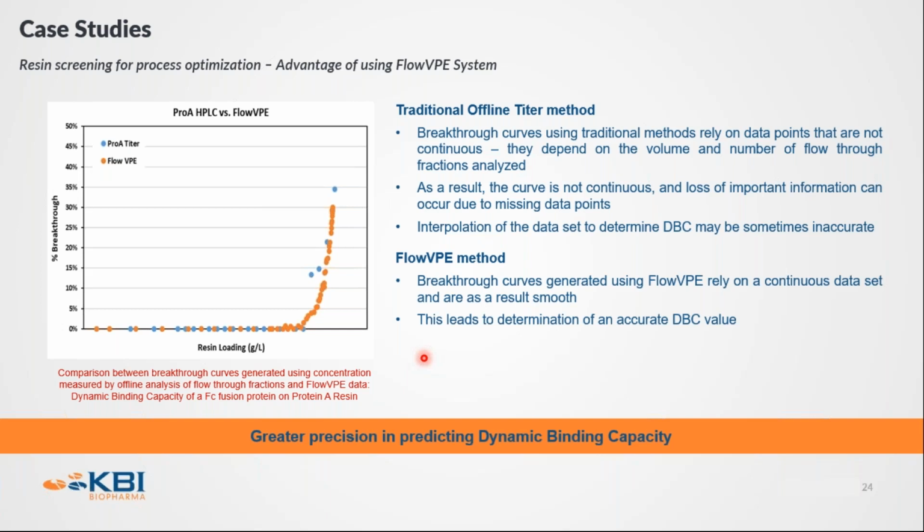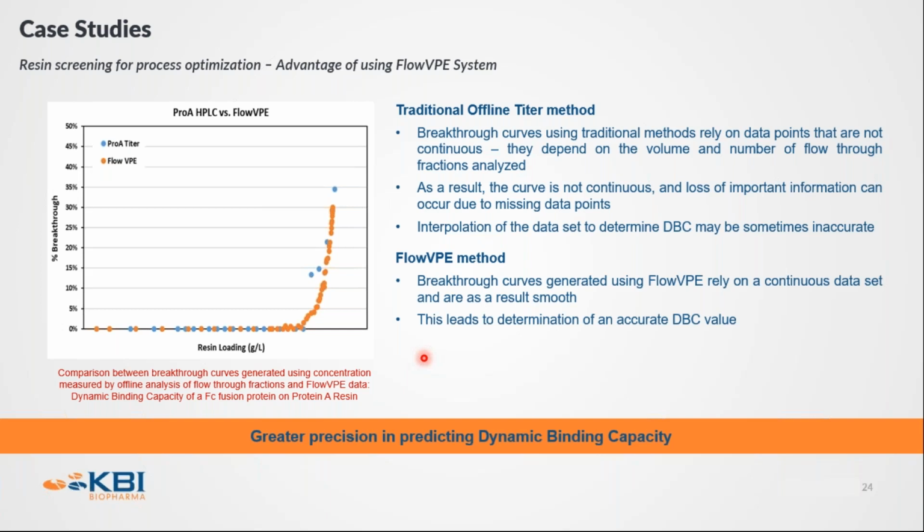And for a chromatographic operation, if you want to stop collection when a particular concentration has been reached, or start collection, or switch columns, the Flow VPE can provide that to you in real time to enable those type of decisions.